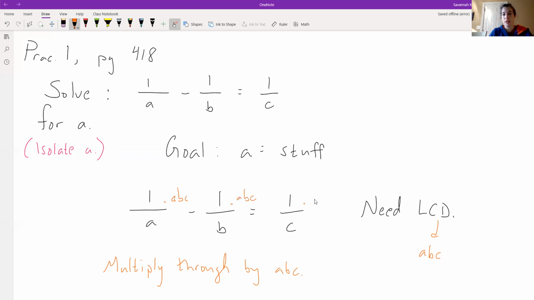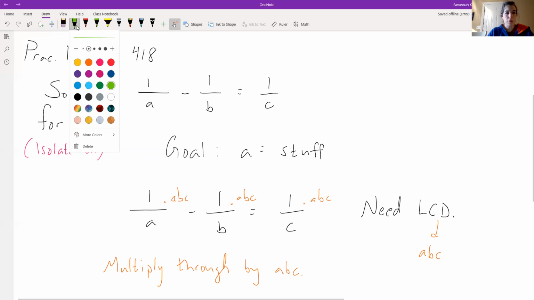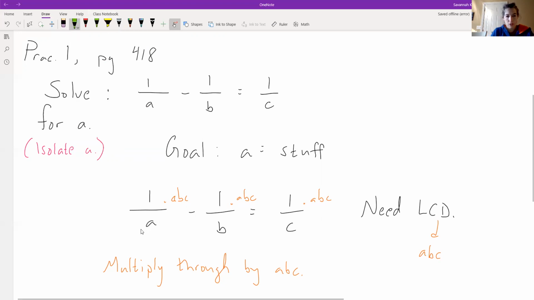That's what the LCD is made to do. Okay, so here we go. Times ABC, times ABC, times ABC. And in each case, if you notice, if I can be strategic about my canceling and not destroy too much, the A's cancel in the first term, the B's cancel in the second term, the C's cancel in the third term.